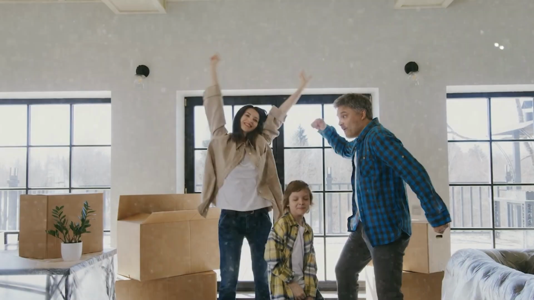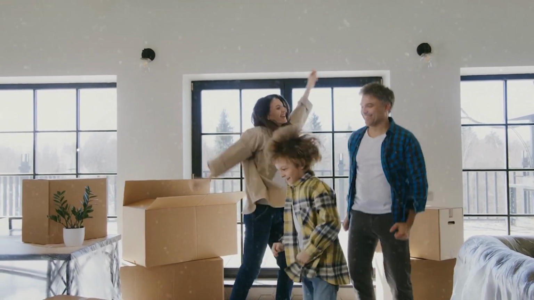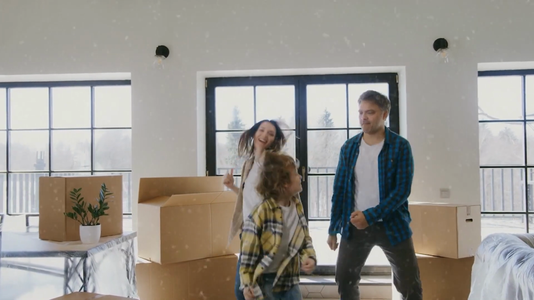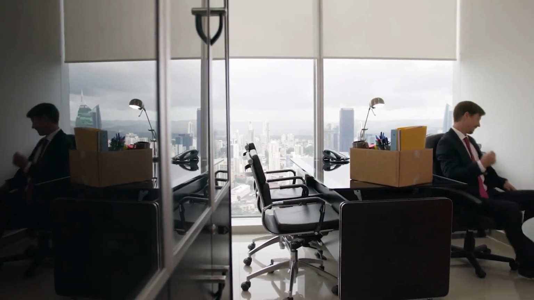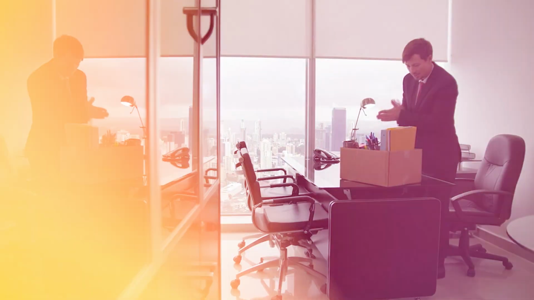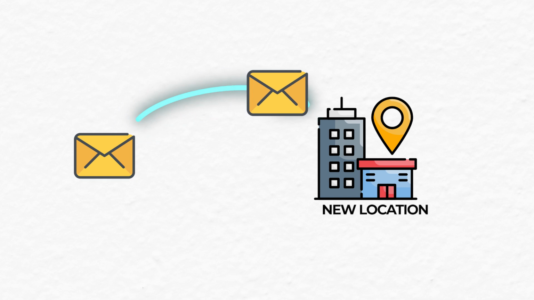Now, we all know that after you move, you have to update your address to make sure that your mail catches up with you wherever you are, whether it's your new home or place of business. And this is typically done through the change of address request with the USPS. It enables the redirection of your mail to your new location.